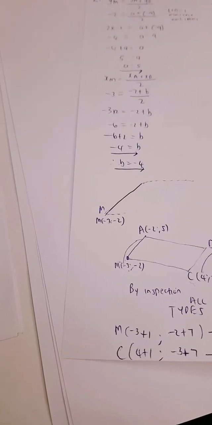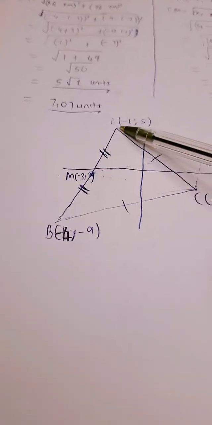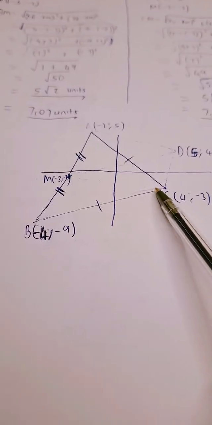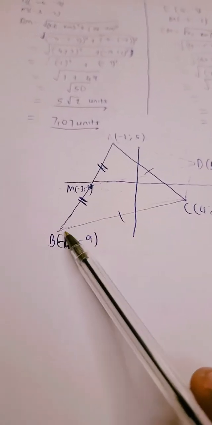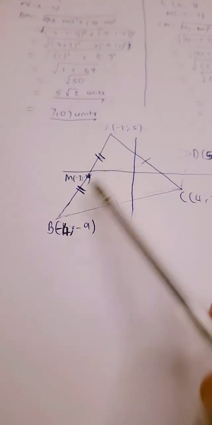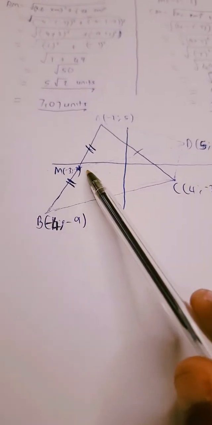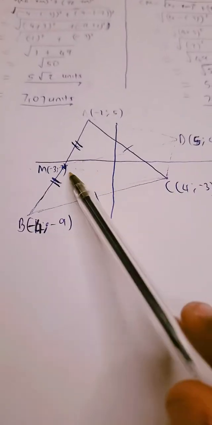The AB length was 10 root 2, the whole length. Then we found out that BM is 5 root 2. Now, interestingly enough, CM we also found is 5 root 2.